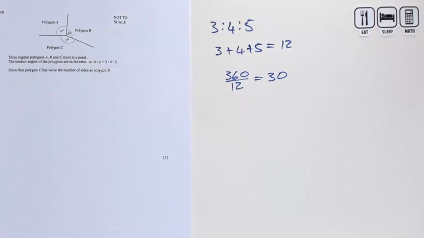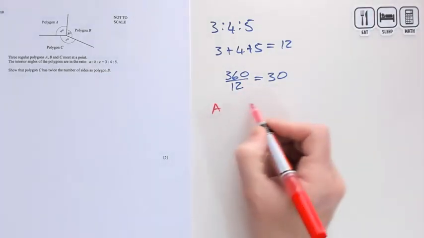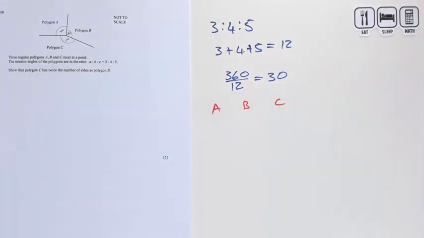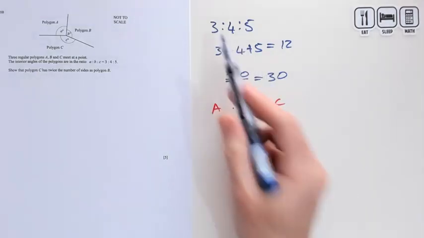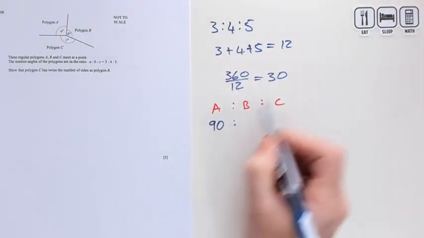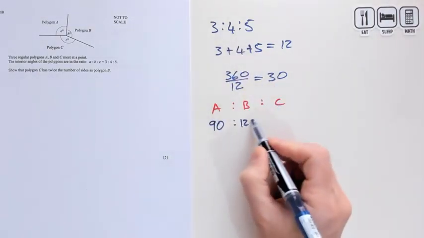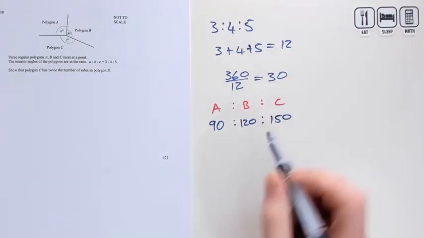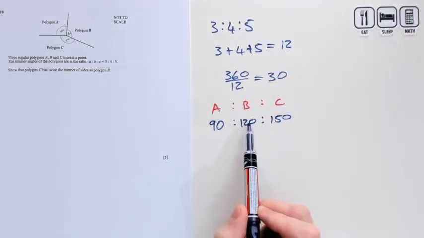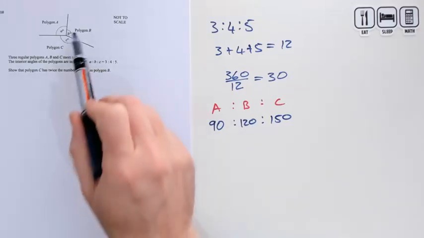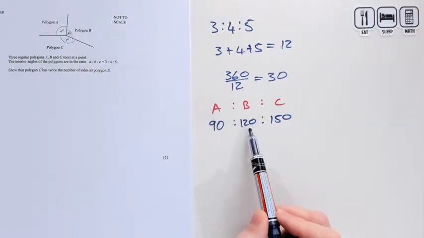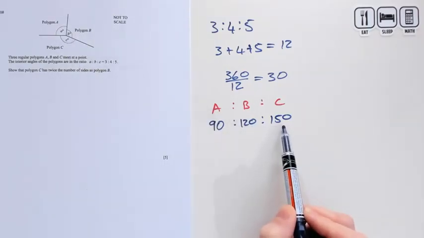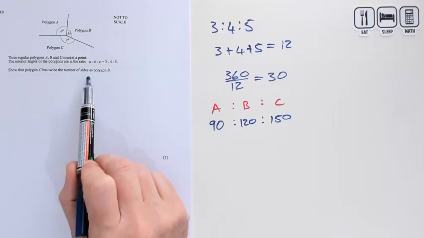So this ratio of A to B to C is going to be 30 times 3, which is 90, and 30 times 4, which is 120, and 30 times 5, which would be 150. So that's just telling me that the angle size is 120 for B and 150 for C, but it doesn't tell me the number of sides.